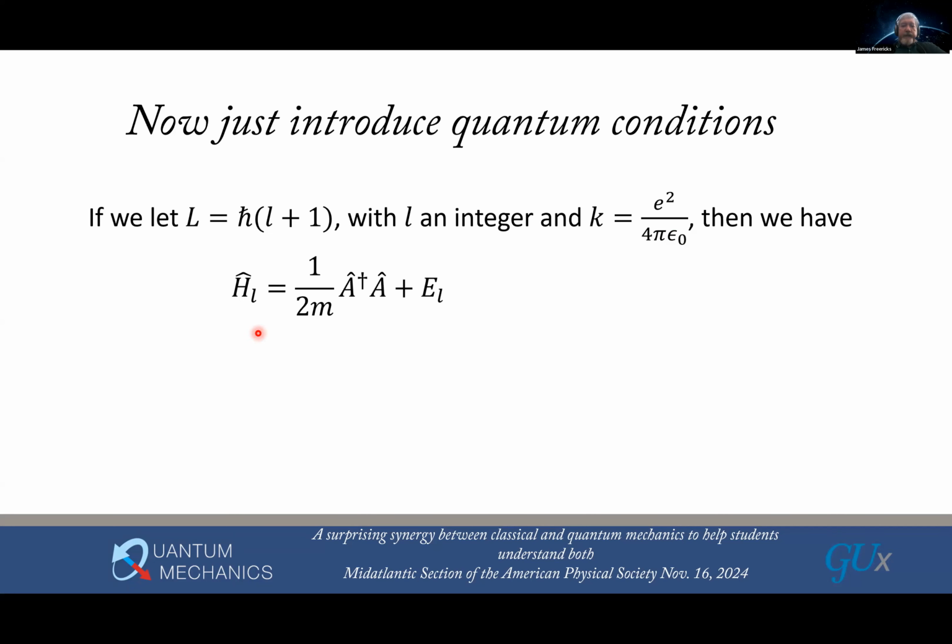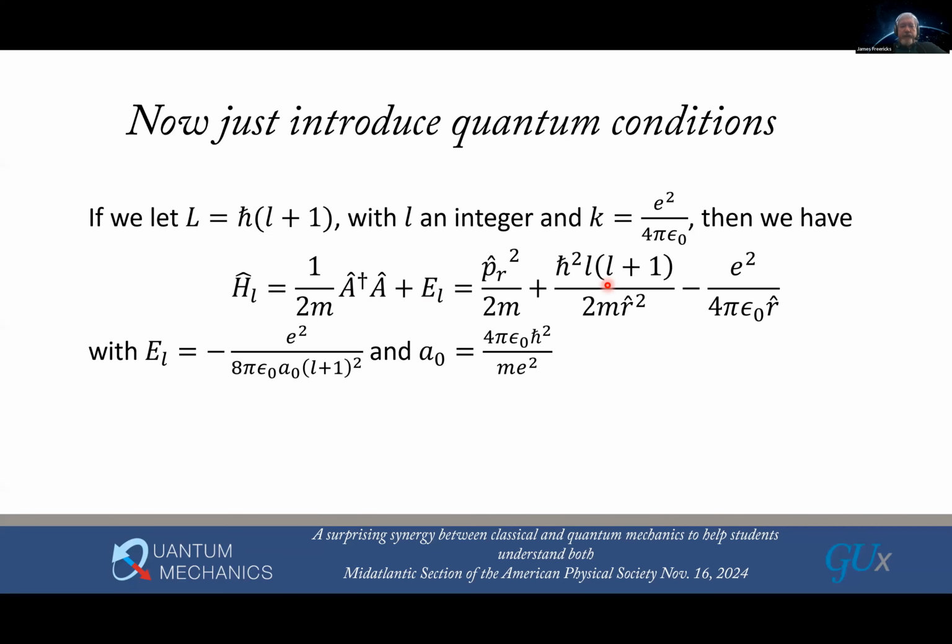And then what you find is the Hamiltonian for a fixed angular momentum for hydrogen will equal 1 over 2m a dagger a plus E_l, where E_l is minus, this is again k over 2, and if you work out the constants, it becomes minus e squared over 8 pi epsilon naught a naught times (l plus 1) squared. That is the exact quantum mechanical energy levels for hydrogen, with a naught being the standard relation for the Bohr radius.